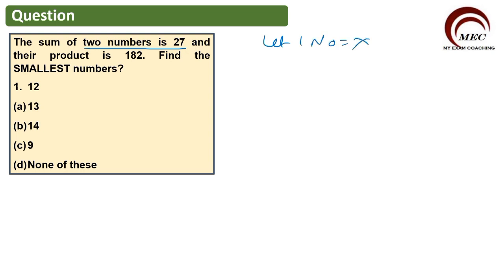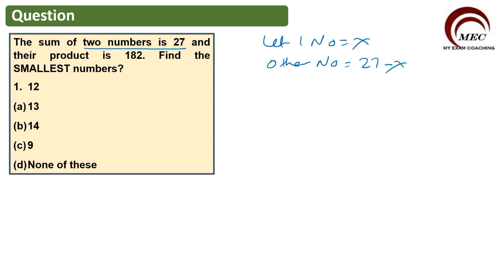So the other number, second number, will be equal to 27 minus x. Why? Because the sum of the numbers is 27. When you add both the numbers, you will get 27. If one number is x, the other number will be 27 minus x.